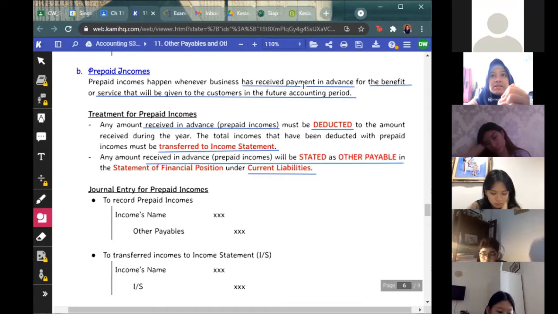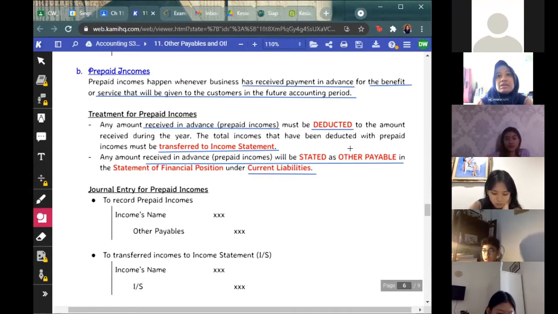Once again, the business receives the money, but at the same time will have a liability or a debt, but it is not in the form of money. It is in the form of benefit or service. But it is still a debt. Since it is a debt, we will record that as other payable under current liabilities.